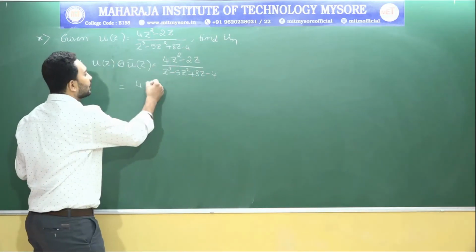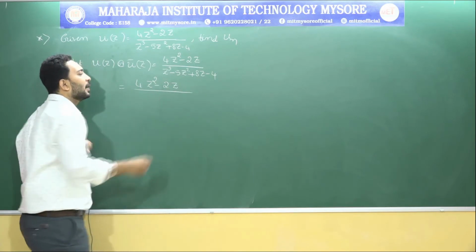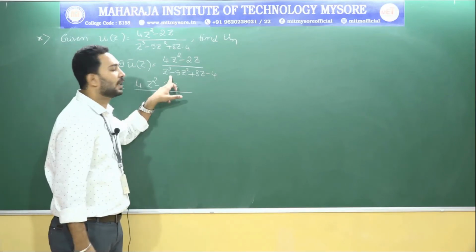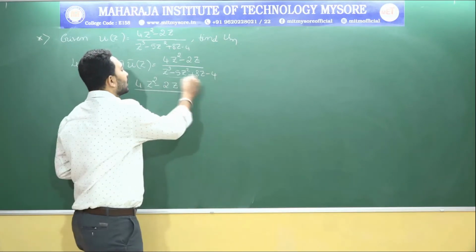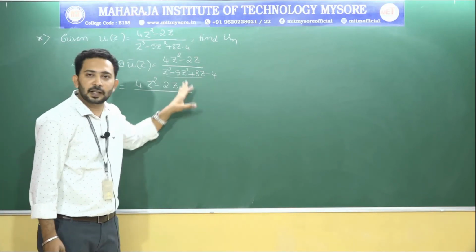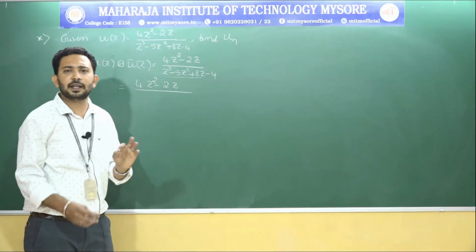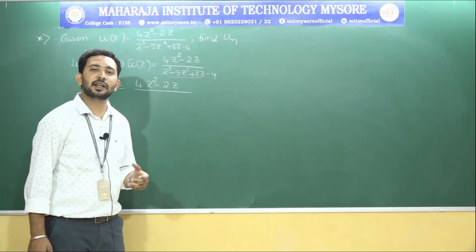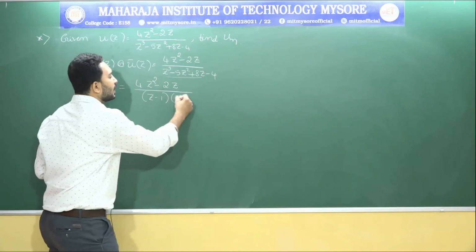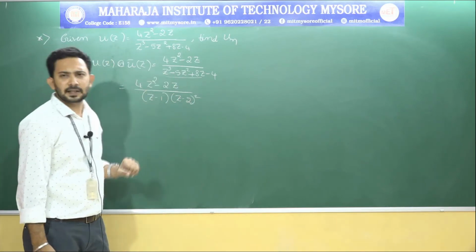If we take z common here, we'll get z square minus 5z plus 8, and then simplify and factorize those things. After simplifying, finally we get z minus 1 into z minus 2 whole square. Simplify this, we'll get the same result.